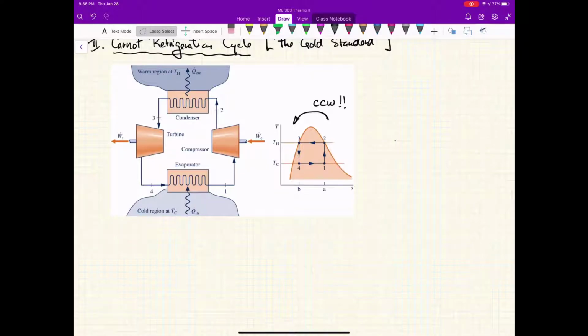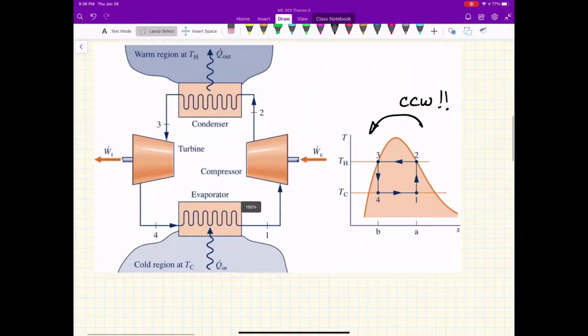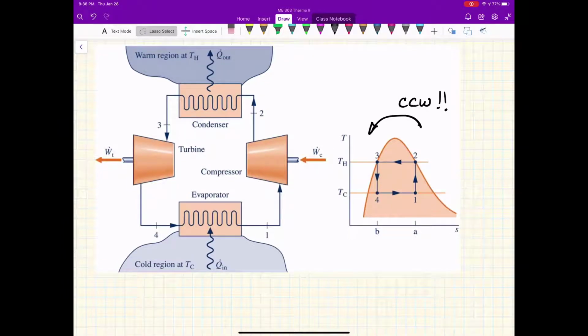That's the only way you can have reversible heat transfer, if you only have an infinitesimal temperature difference with the body with which you're exchanging heat. So the condenser and the hot reservoir are at the same temperature, and that's what we're seeing here on the TS diagram. Okay. So that is step number 2, also reversible heat exchange.